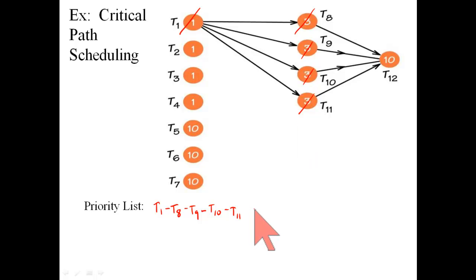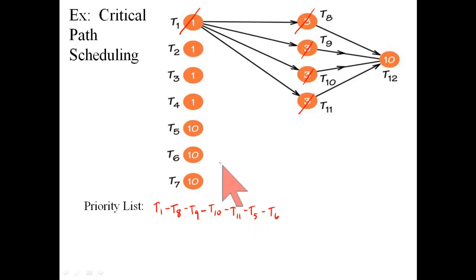Now, with tasks 1, 8, 9, 10, 11 all gone, what's the critical path? There is task 12, there's task 5, task 6, and task 7, all having 10-minute completion times. And so each of these, just by itself, would be a critical path. So I'll choose task 5 since it's the lowest number, arbitrary choice.